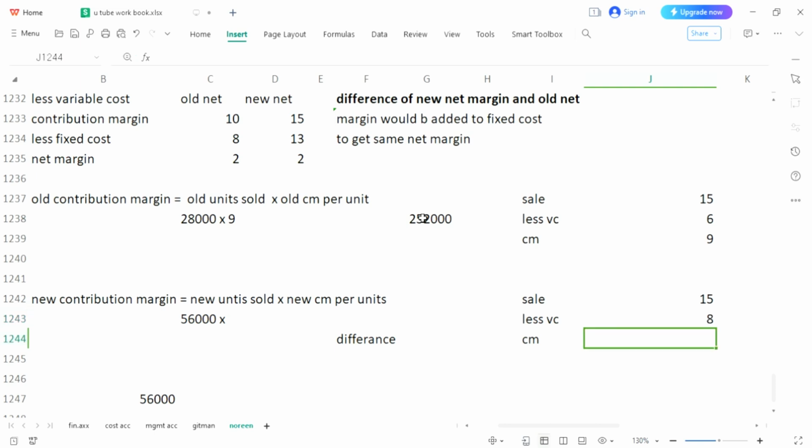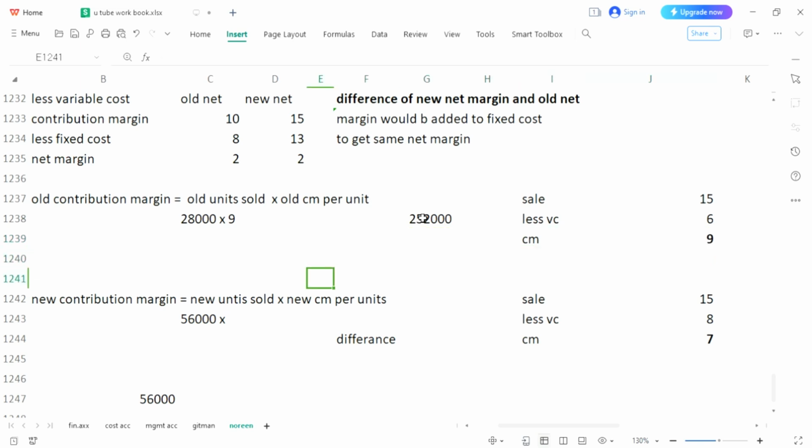In this way, your new variable cost would be 8, and new contribution margin would be calculated by subtracting variable cost from the sale. Sale is 15 and variable cost is 8. So we have our new contribution margin, and it was old contribution margin.